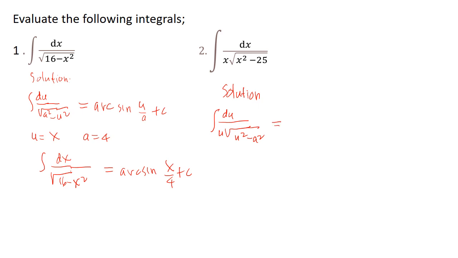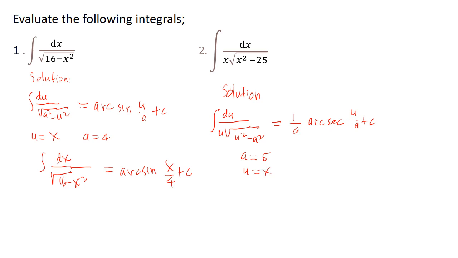The answer of which is equal to 1 over a arc secant u over a plus c, where your a is equal to 5, u equals x. So direct substitution.